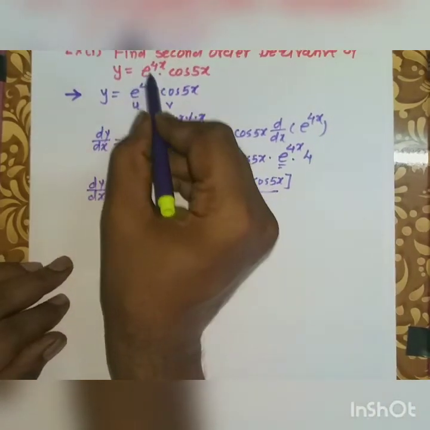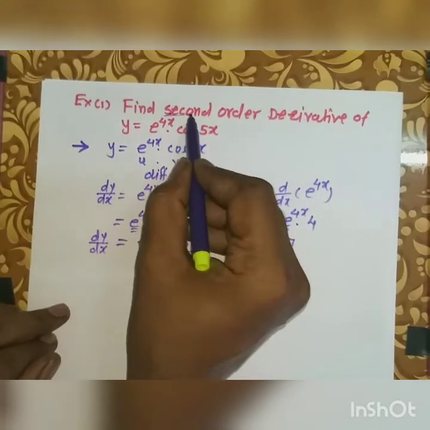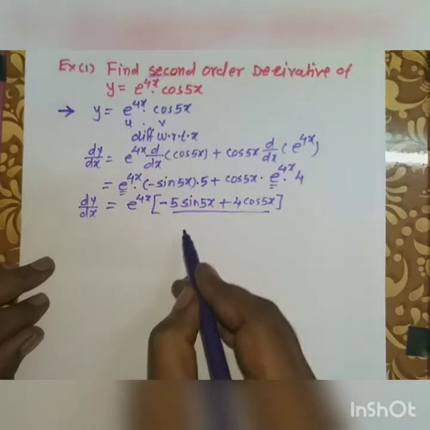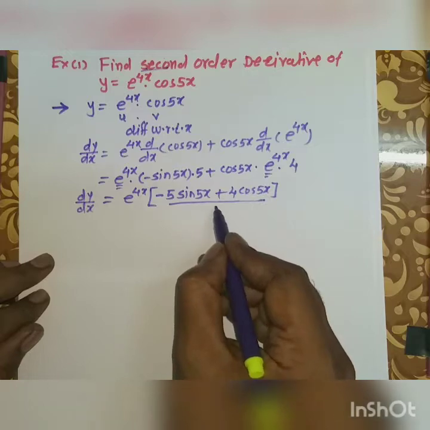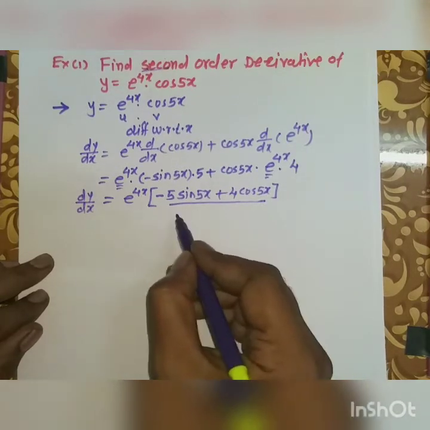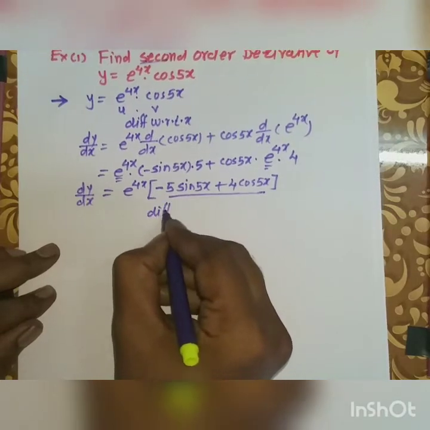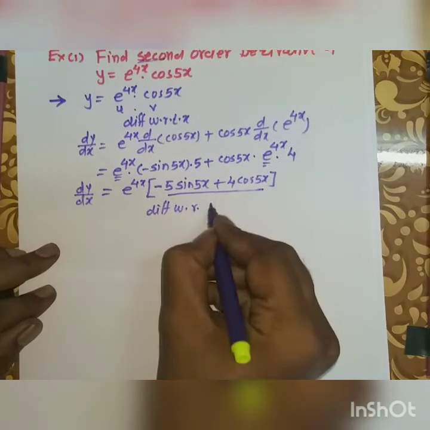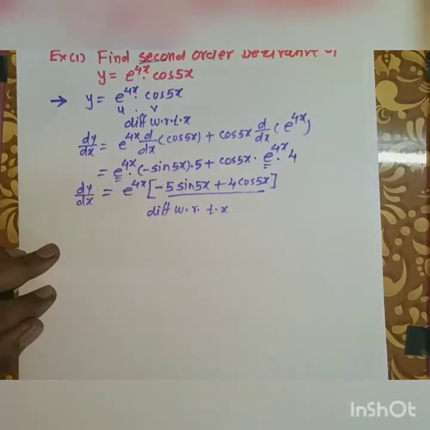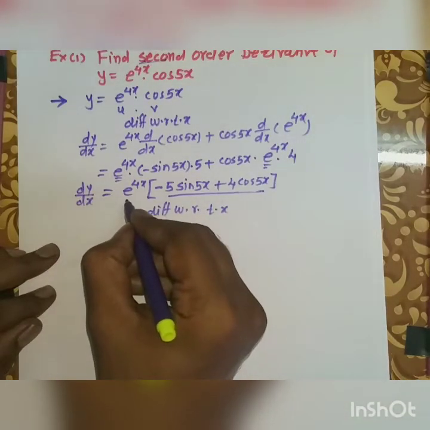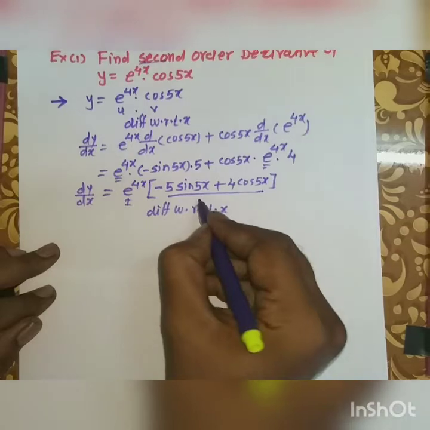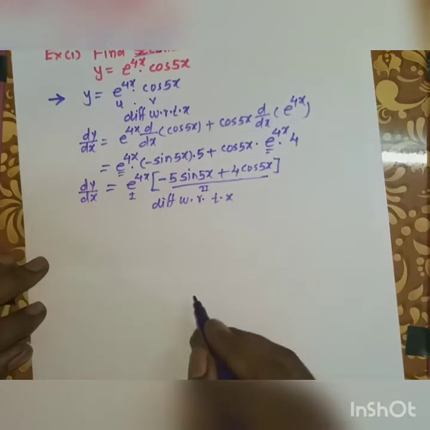But here we are asked to find the second order derivative. That means again a product of trigonometric and exponential function, which is differentiable. Then we differentiate with respect to x, again applying the product rule, first function and second function.